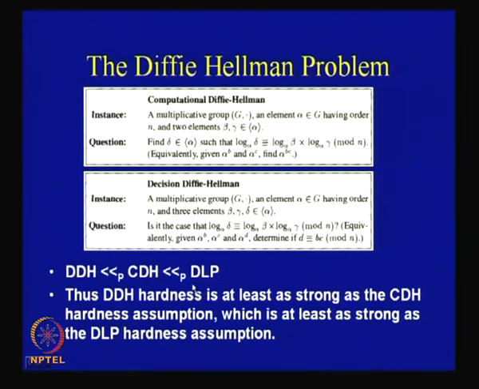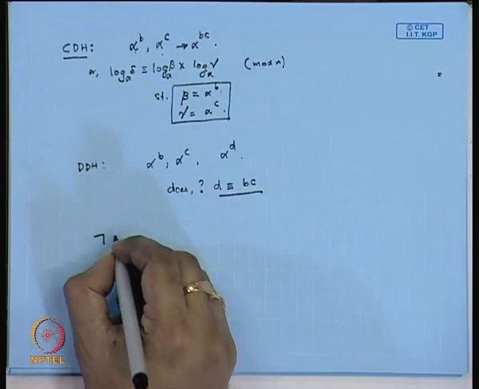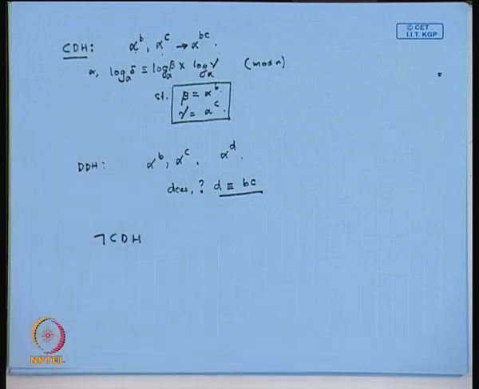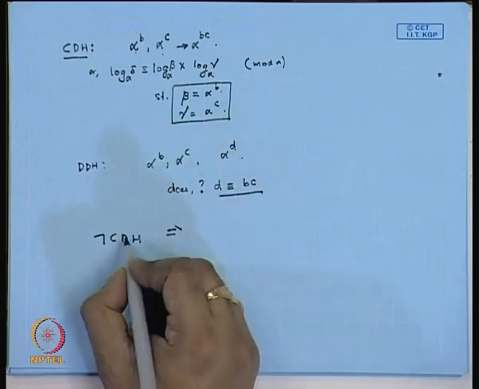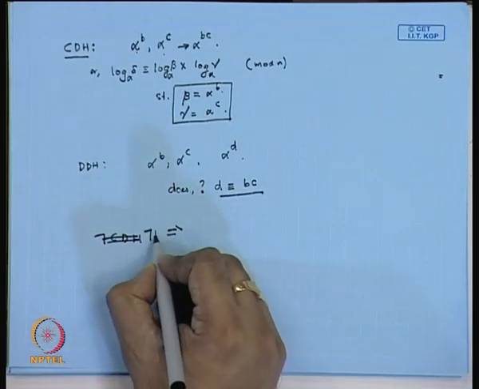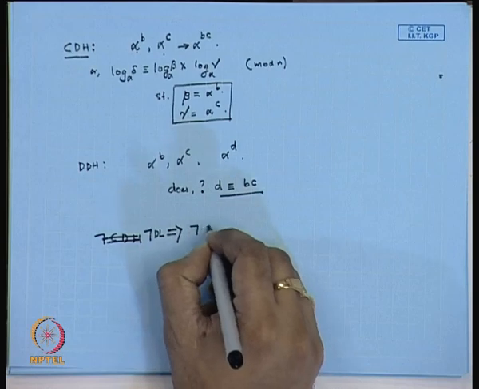First of all, let us see that if you have a solution to the discrete log problem, then you can actually solve the computational Diffie-Hellman problem. Why? Because if you assume that the discrete log problem is not hard, that is, you can solve it, then you can actually solve the computational Diffie-Hellman problem.